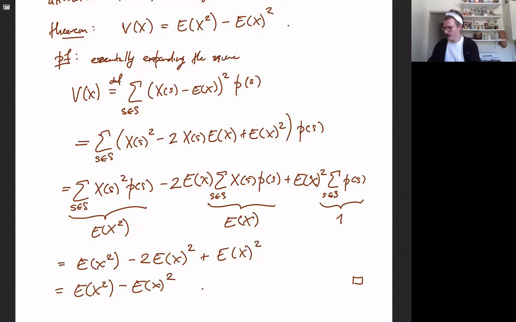So let's go ahead and do some examples. And again, we're usually going to use this formula when we're computing things because it's a better formula to work with in general.